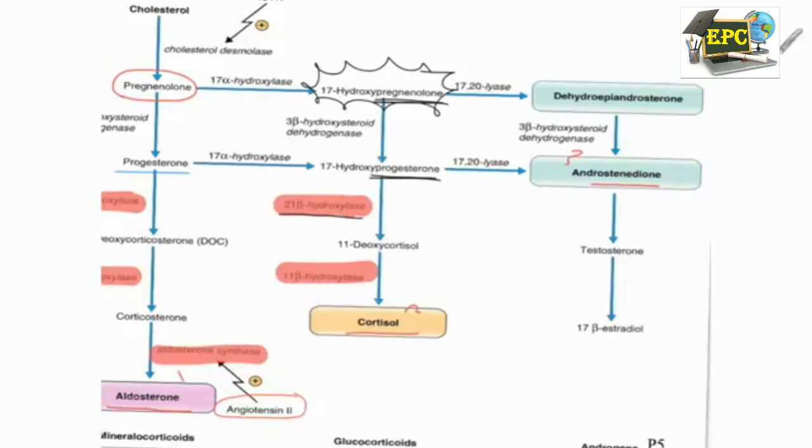It converts the 17-hydroxyprogesterone to the 11-deoxycortisol. And this 11-deoxycortisol is modified by the 11-beta-hydroxylase to give our last end product, which is the cortisol.